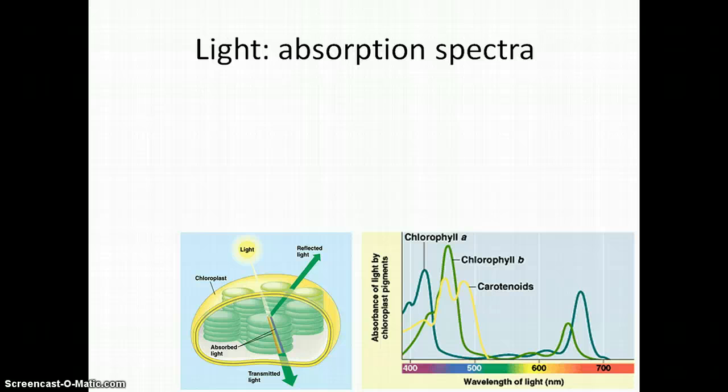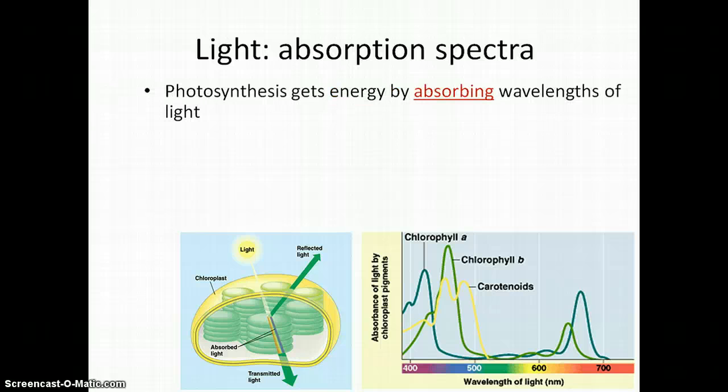So the energy that's going to be used is not energy that's reflected, but it's light that's actually able to be absorbed by the pigment. So you can see, looking at the graph down below here, that chlorophyll A is able to absorb light best in the blue range and also in the red range.